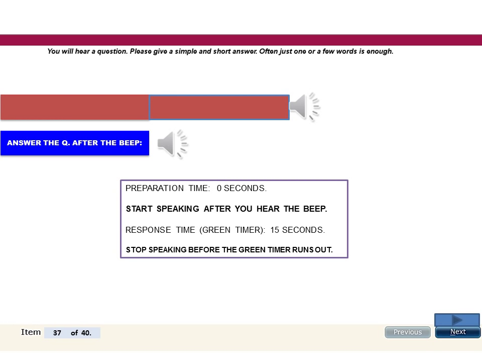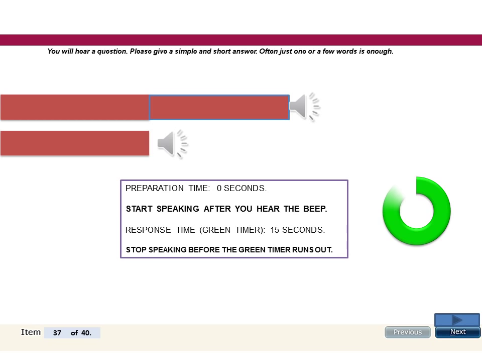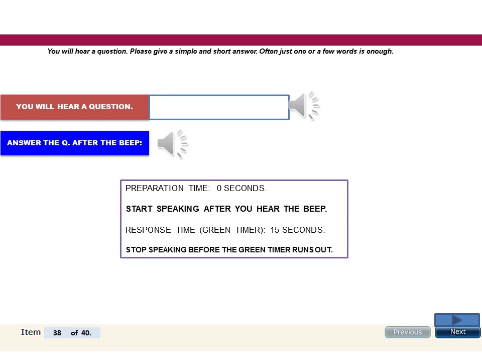The study of different planets and celestial objects is known as? Name a country near the Atlantic Ocean.